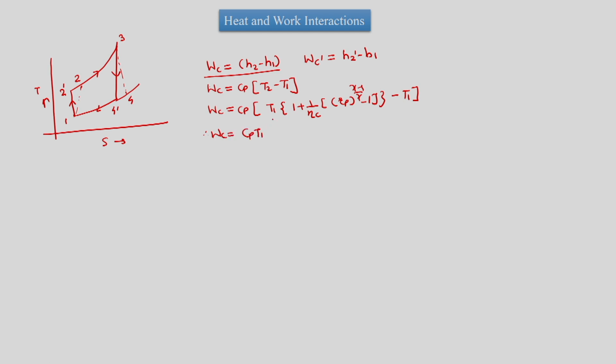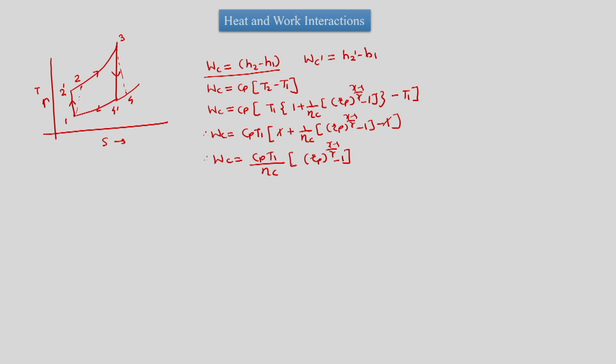So it will be CpT1 into 1 minus 1 plus 1 upon compressor efficiency into Rp raised to gamma minus 1 upon gamma minus 1 minus 1. So this one and this one would get cancelled. So we have compressor work equal to CpT1 upon compressor efficiency into Rp raised to gamma minus 1 upon gamma minus 1.